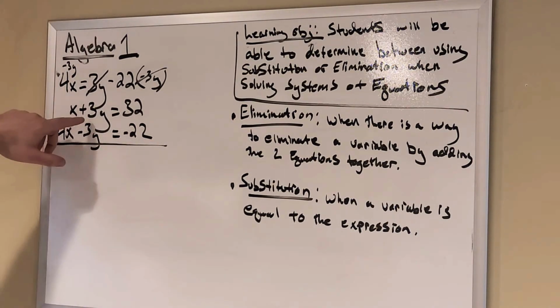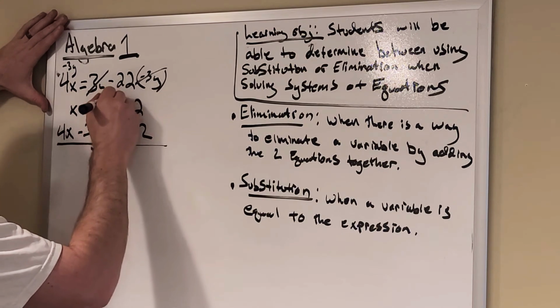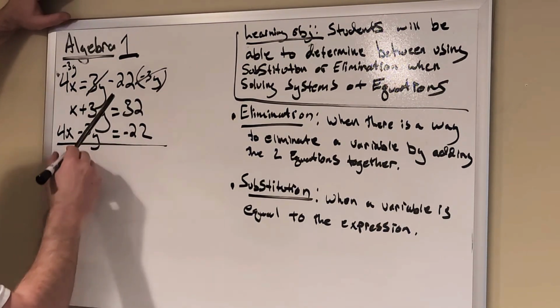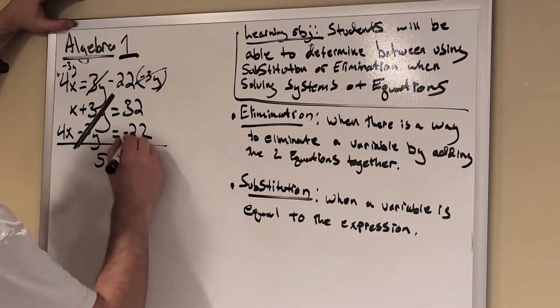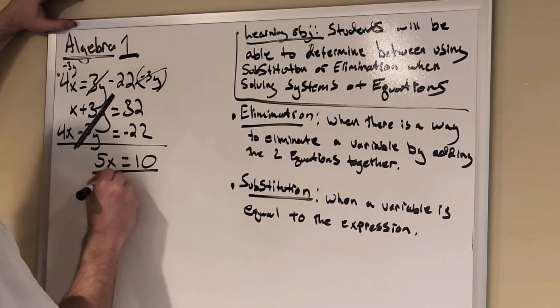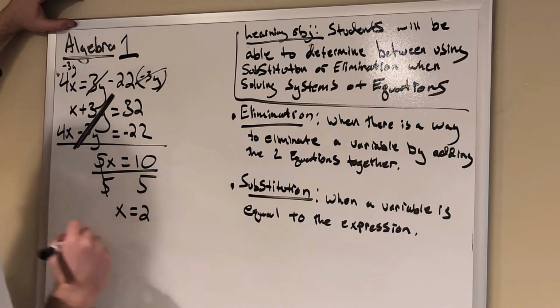Now I can see here that my 3y and my negative 3y are stacked up, and I can go ahead and cancel them. Then I'm left with 5x equals 32 minus 22, 10. Divide by 5, divide by 5, x is equal to 2.